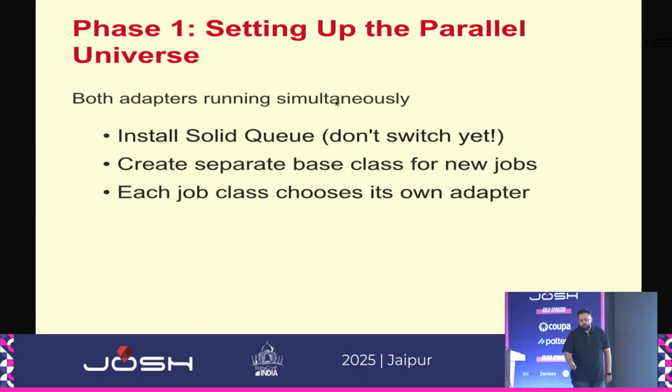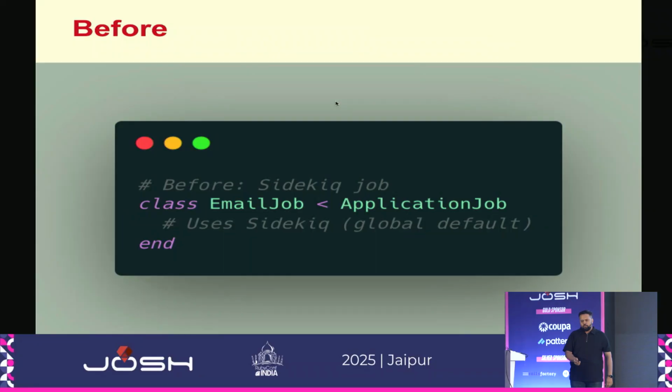All right. So this is the code that I talked about. This is before: you would have maybe a job that you have written, email job, and it's inheriting from application job. This is the default. If you have Sidekiq at the config level, this is going to use Sidekiq.